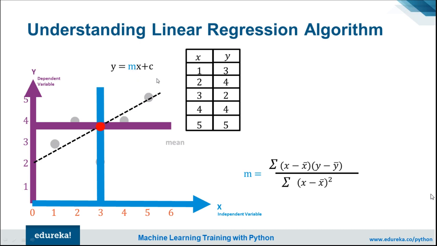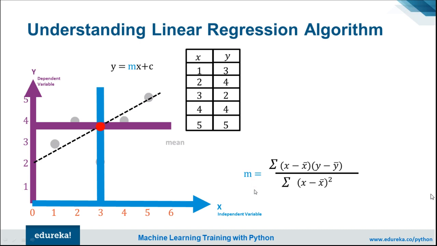We need to calculate the m and c values. X and y have been given to us. Normally, if all of these fell exactly onto the line, we could just take two data points, so it becomes two equations and two unknowns. But here the points are a little bit away from each other, so we need to find a common ground, which we will do using the mean.